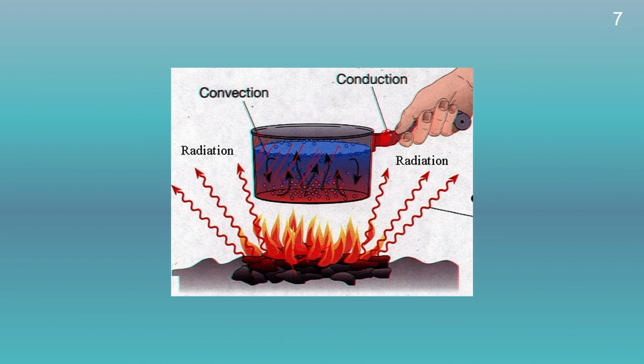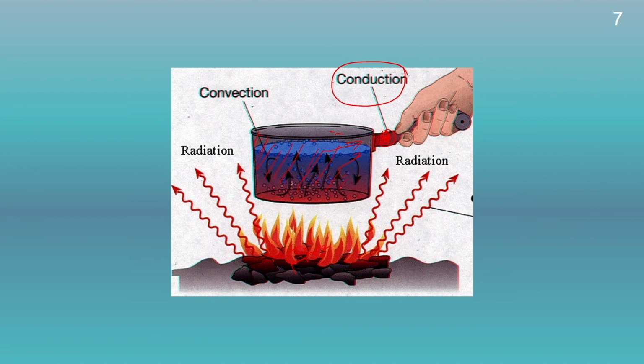This place will be hot. That is because of the movement of heat from one point to another point due to the movement of the molecules. So, this process by which heat gets transferred from one point to another point is known as conduction.